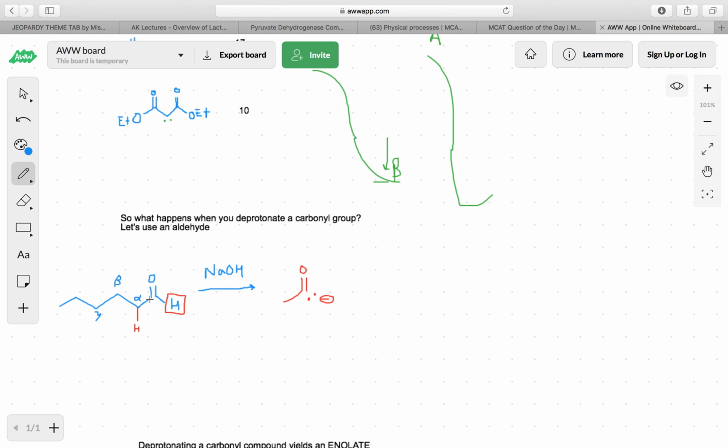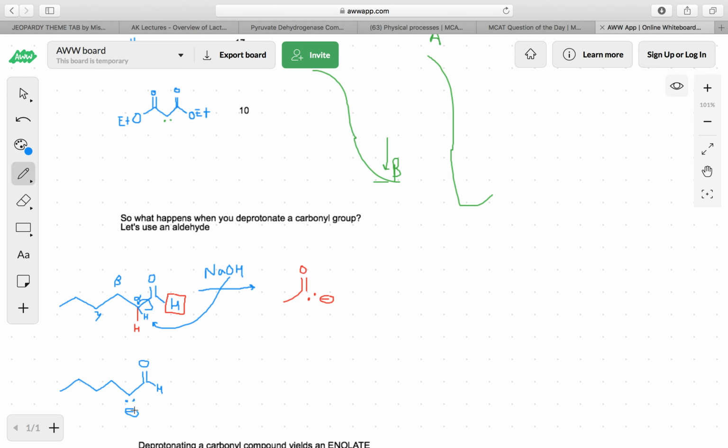But on your alpha carbon, you're going to have protons, 2 of them. So your base will come in and abstract one of the protons and kick off this bond. So what you should be left with is this. This hydrogen stays, but now we have a lone pair here.